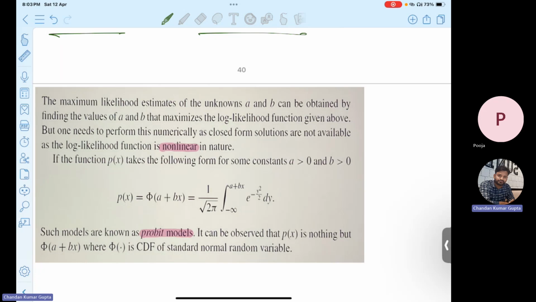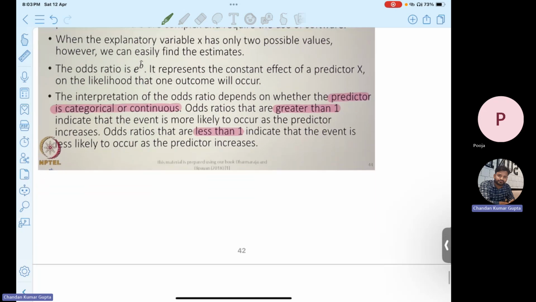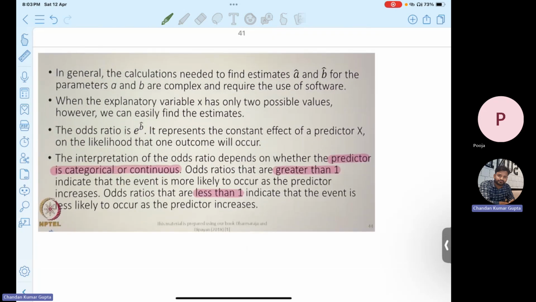There are lots of numerical methods, and with their help we are able to calculate the estimates of the parameters a and b. In general, the calculations needed to find parameter estimates are complex, and we use software; I am using R software for calculating these kinds of estimates.